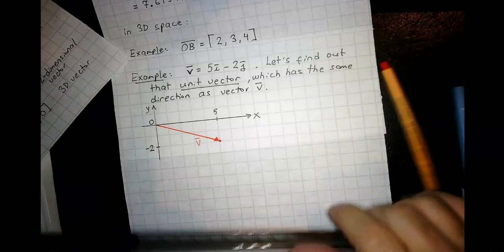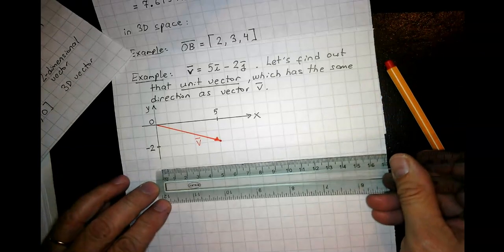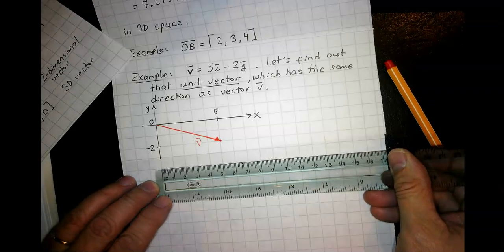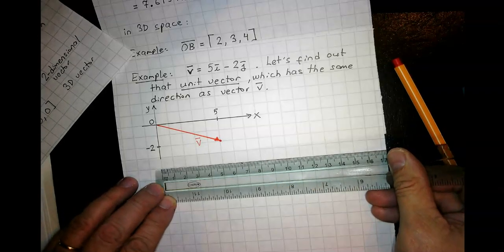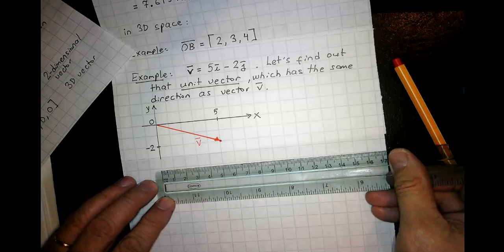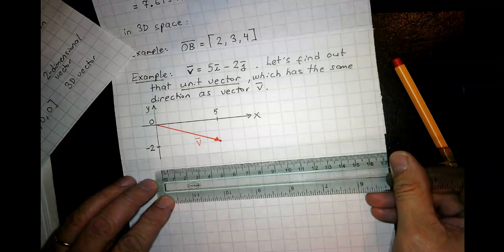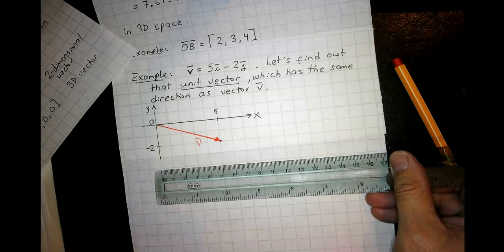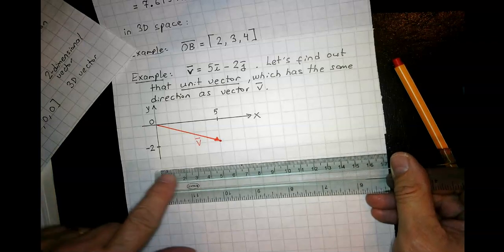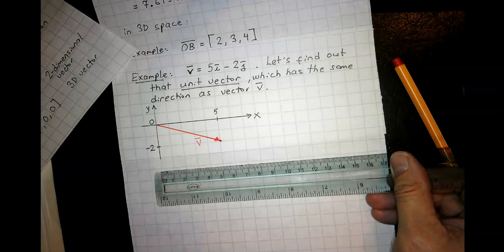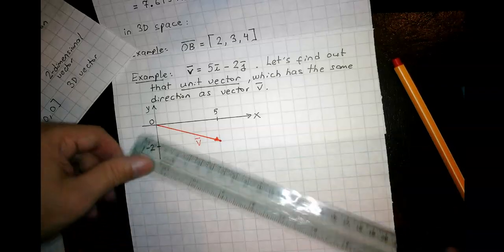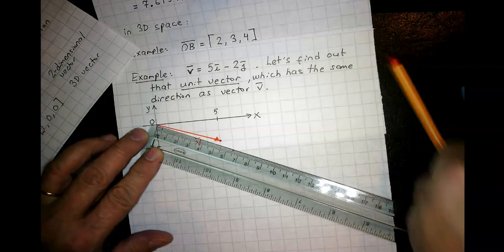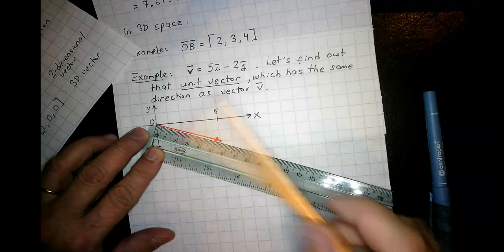So that means that when I have this grid paper here, the side of one square in this grid paper is 1 centimeter. So in this case, this 1 unit means 1 centimeter in my picture. So that means that we have to find out that vector which has length of 1 unit.